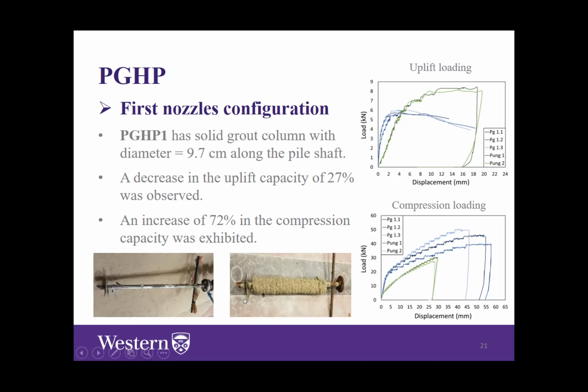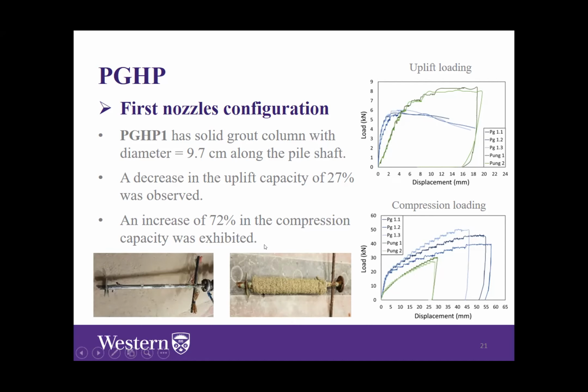However, the pressure grouted helical pile is a friction pile, which explains the full mobilization of the uplift resistance at low displacement level, and also explains the decrease in the pile resistance, or the plunging failure, that occurs after that. So as you can see, once we reach the ultimate resistance, we start having a plunging failure.